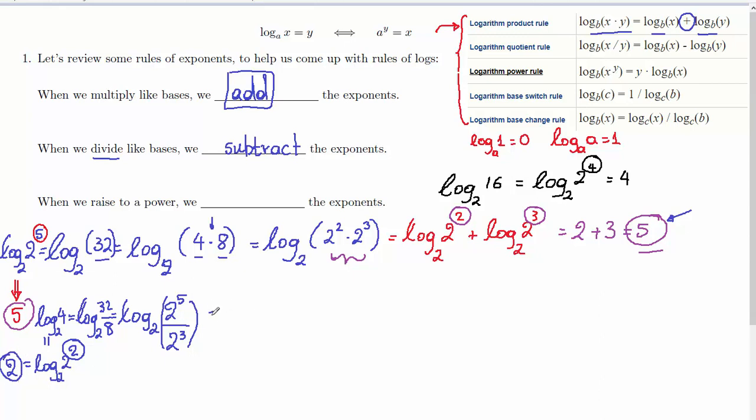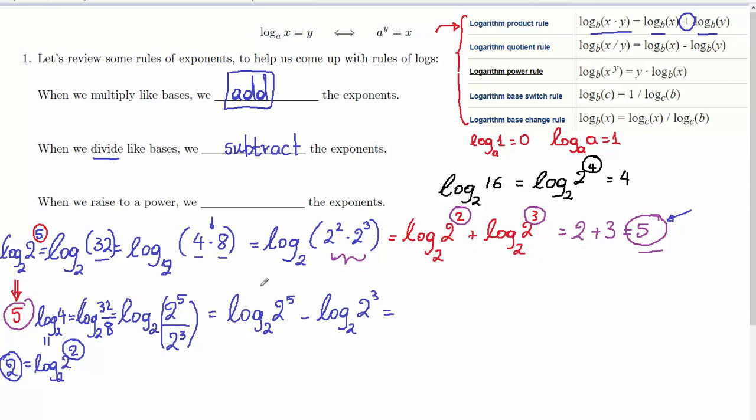Excellent. Now what I want to do is to simplify the fraction. 2 to the 5th divided by 2 to the 3rd, what the rule tells me right here is that I can subtract the logarithms. So it tells me that this logarithm with base 2 of 2 to the 5th divided by 2 to the 3rd is equal to the log with base 2 of 2 to the 5th minus the log with base 2 of 2 to the 3rd. Let's see if this holds. And the truth is that it holds.